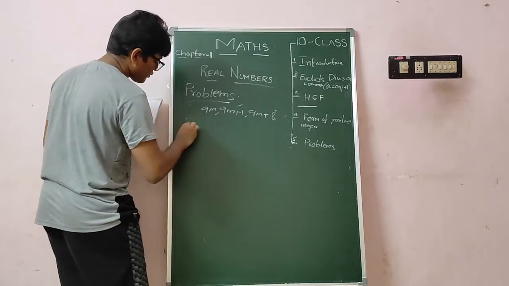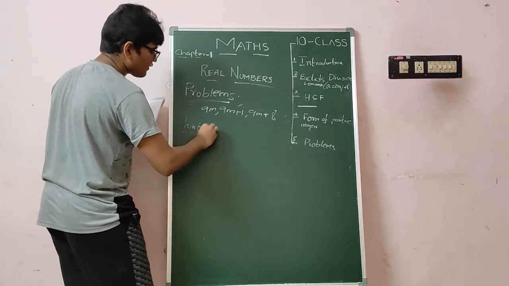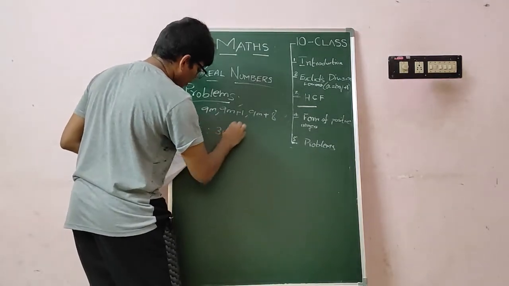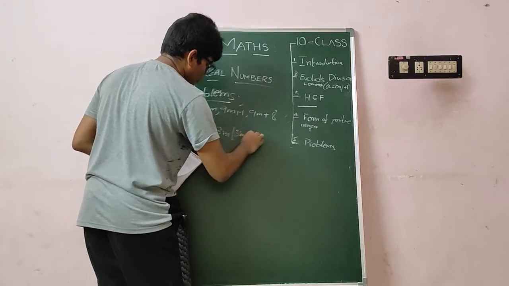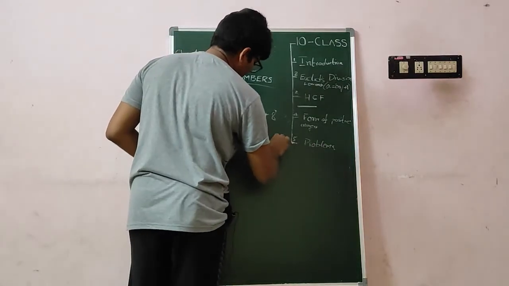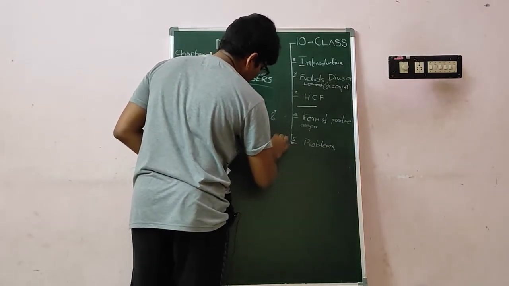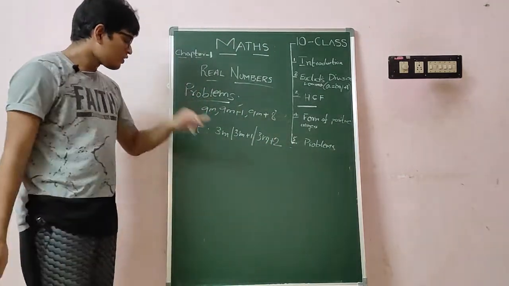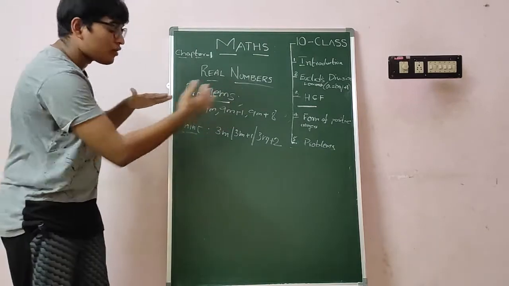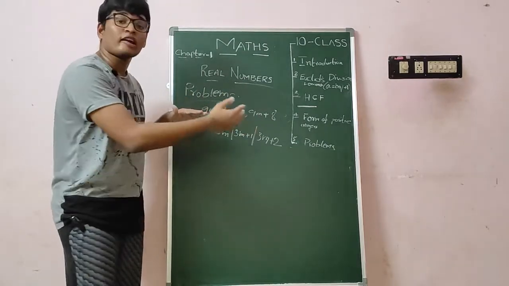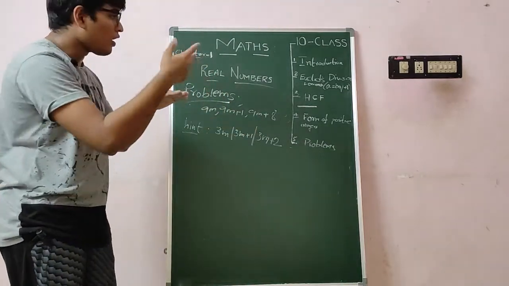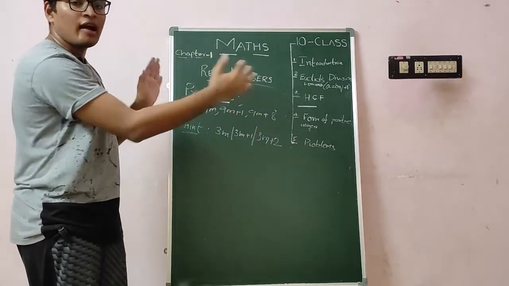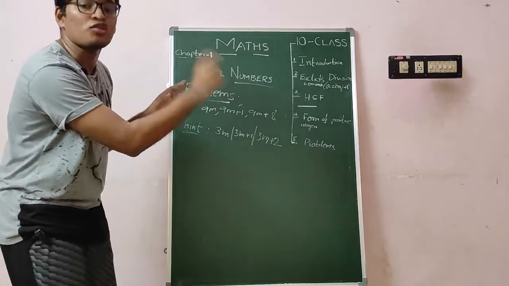I am giving you the hint, students. The hint is, any number is in the form of 3m or 3m plus 1 or 3m plus 2, right? From here, cube these, and I've already discussed, if the remainder is greater than 3, you break that into 3 plus something and you take 3 common and make another new constant.